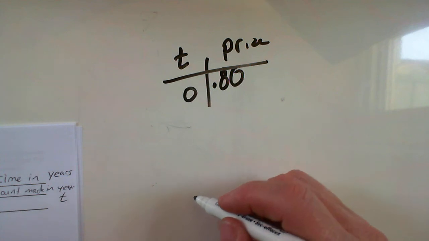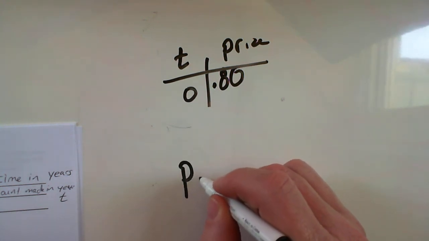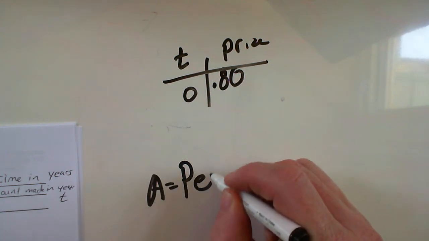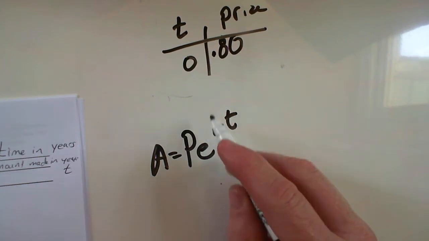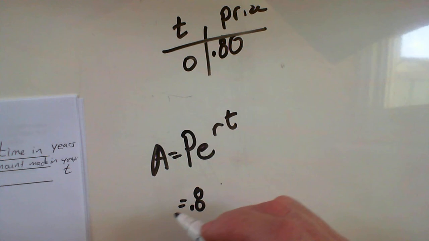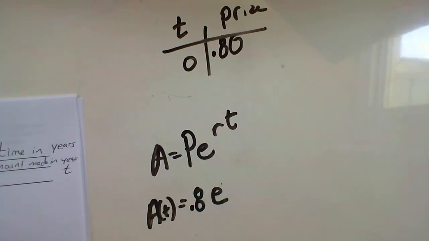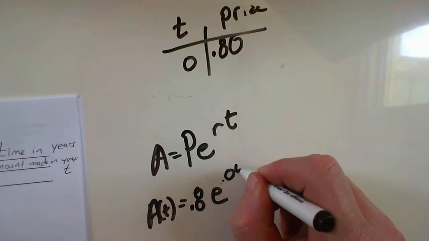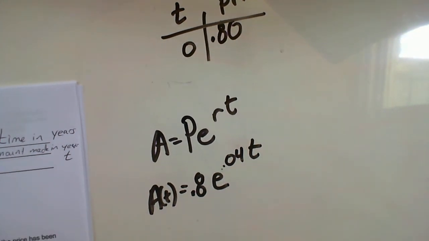We're going to have a continuously increasing function, so that's the A equals P e to the rt formula. Our initial condition is 0.8. So A of t is going to be 0.8 e to the, now it says that we are increasing at a rate of 4%, so that's going to be 0.04t. That is our modeling function.